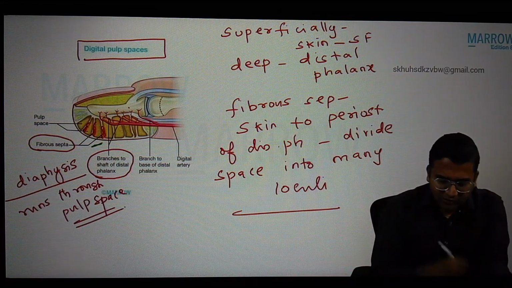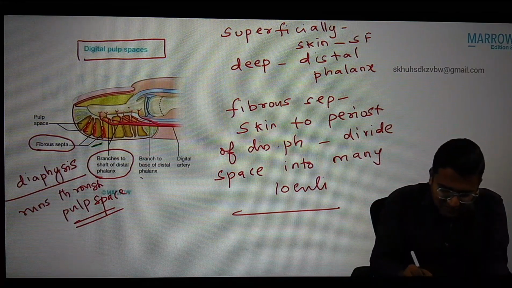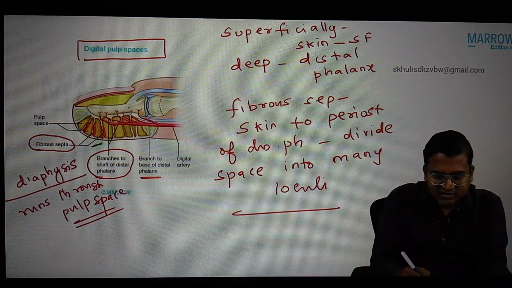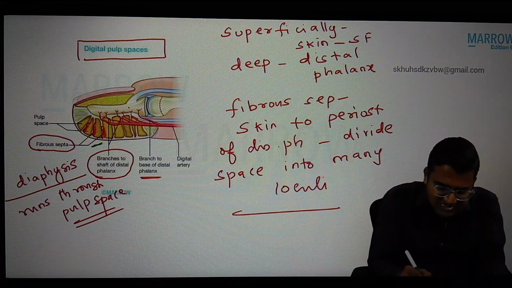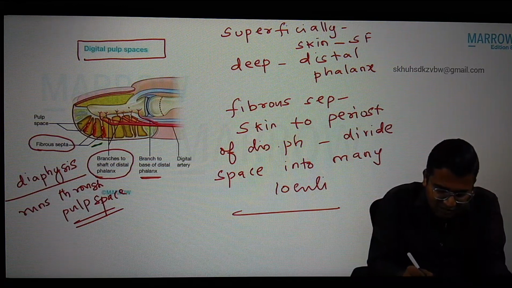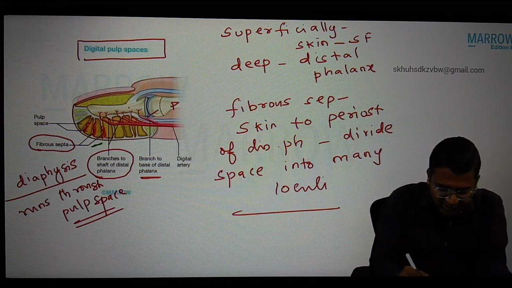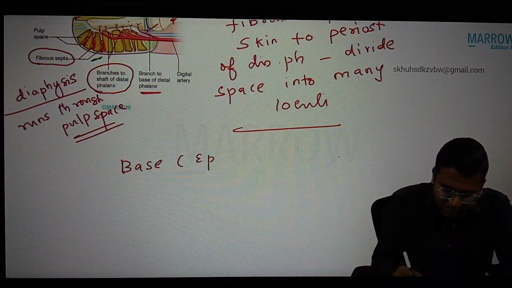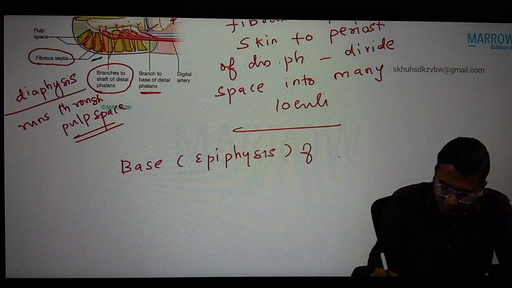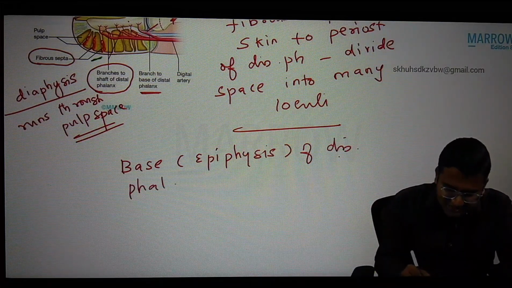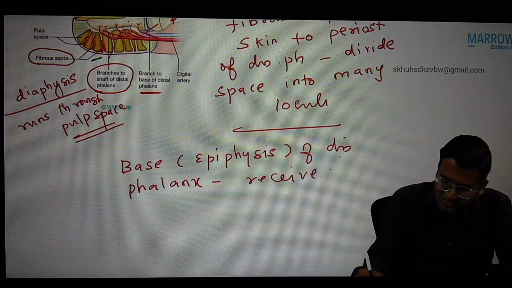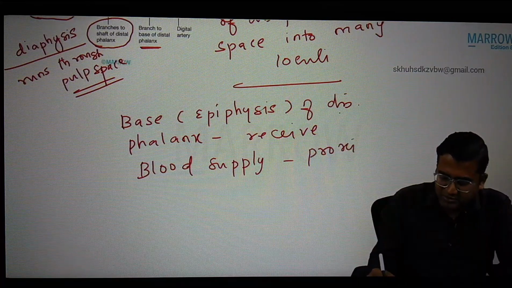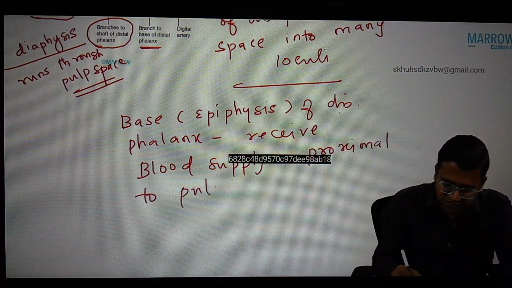Okay, right. Now what about the base of the distal phalanx, or epiphysis of the distal phalanx? The epiphysis of the distal phalanx receives its blood vessel proximal to the pulp space. See the artery here? This artery arises proximal to the pulp space. This is the point you have to know. So please write: the base, or the epiphysis, of the distal phalanx receives its blood supply proximal to the pulp space.